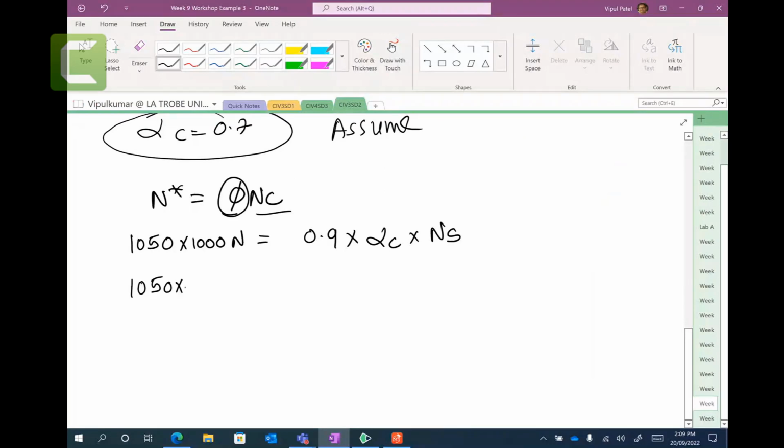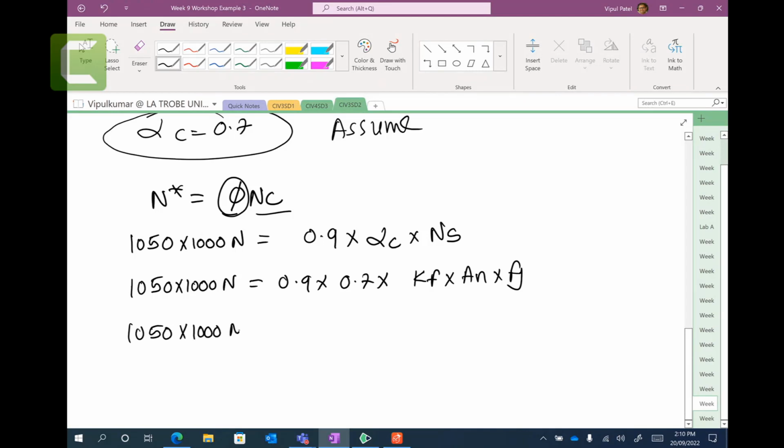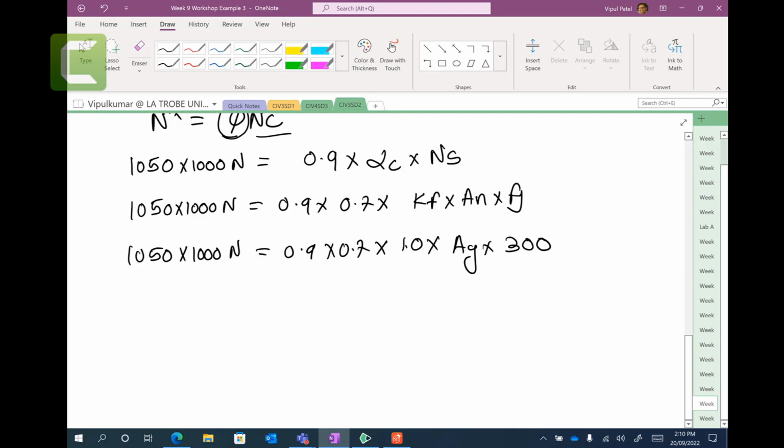So 1050, 0.9, 0.7. We assume KF is 1. The gross area we need to find, FY is 300.